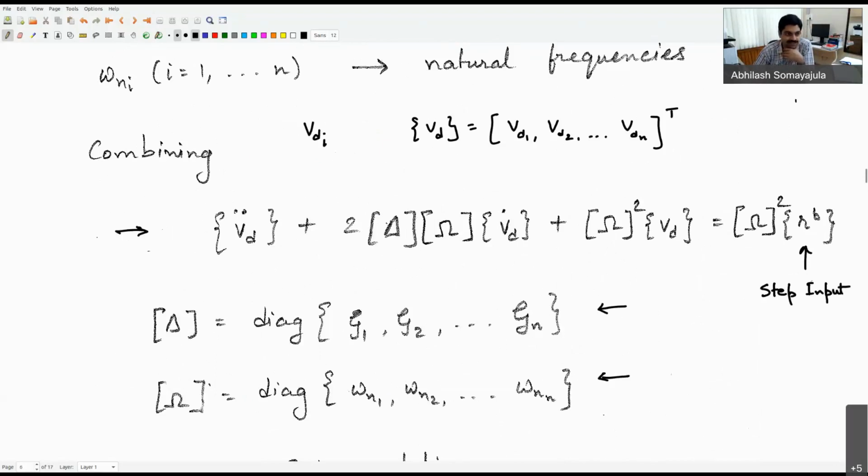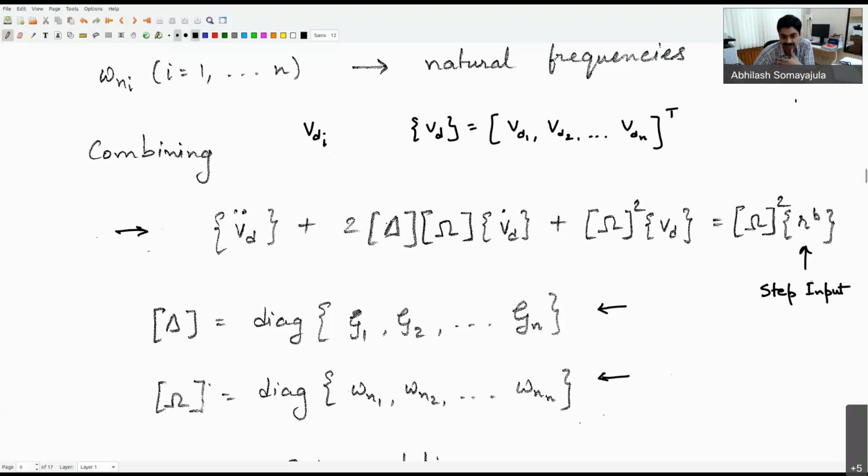If there is sufficient damping in the system, what will happen to V double dot? It will be 0. Similarly, V dot will also be 0. So what will we be left with? A constant value VD. VD will be equal to RB. Whatever input I gave to the system is what should become the so-called desired trajectory as time tends to infinity.